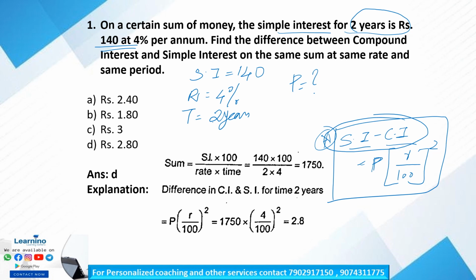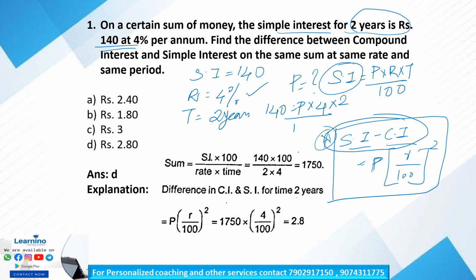What is the equation for simple interest? Simple interest is equal to P into R into T by 100, isn't it? We have been given the simple interest, so 140 is equal to P into 4, the rate, into 2, the time period, divided by 100. So 140 into 100 by 2 into 4 is equal to the sum of money.